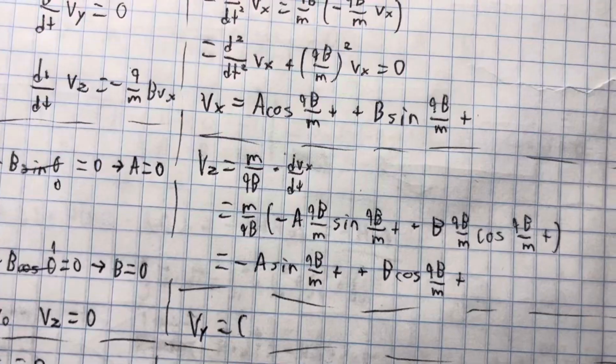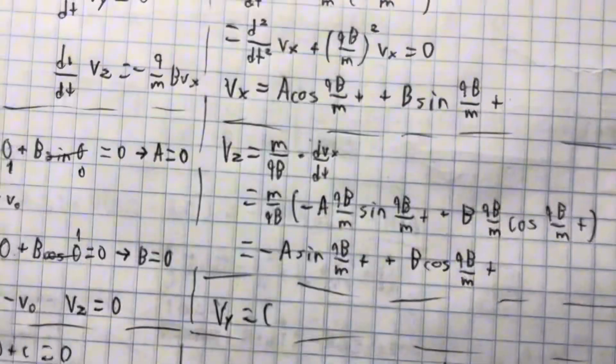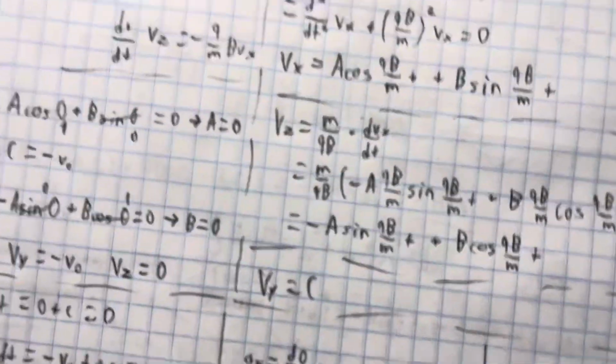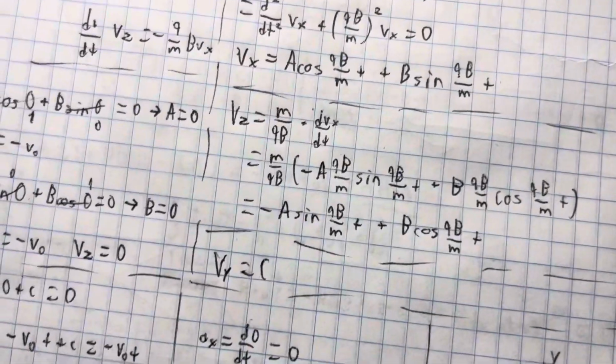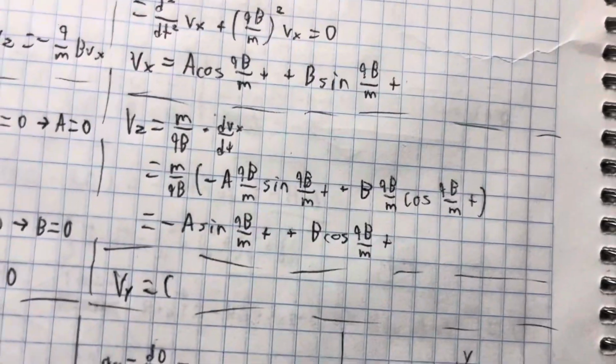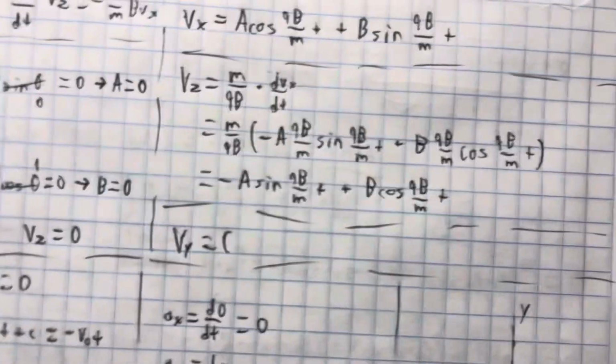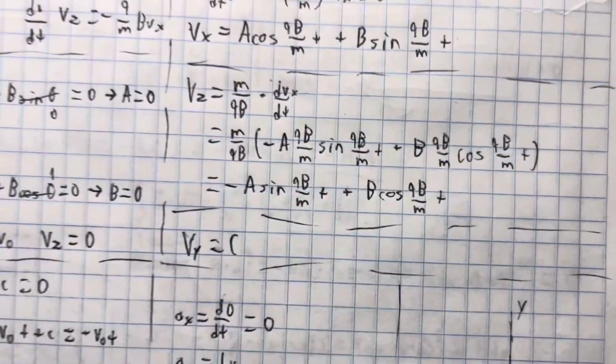When we derive the velocity in x, we get this, and when we cancel out with the product outside, we cancel out the m's and the qB's, some of them, not the ones in the sines and cosines, and then we get this final result for the velocity in z.